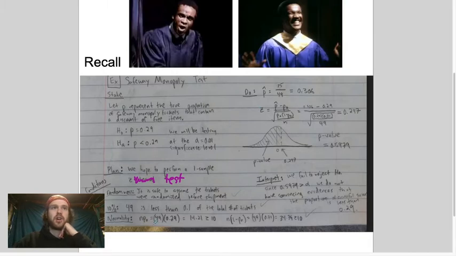So we checked our conditions. We stated the test that we were going to use. And the do phase is we calculate p hat. And we calculate this thing called a standardized test statistic.